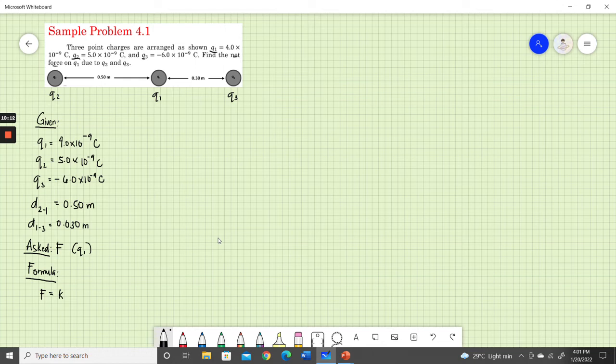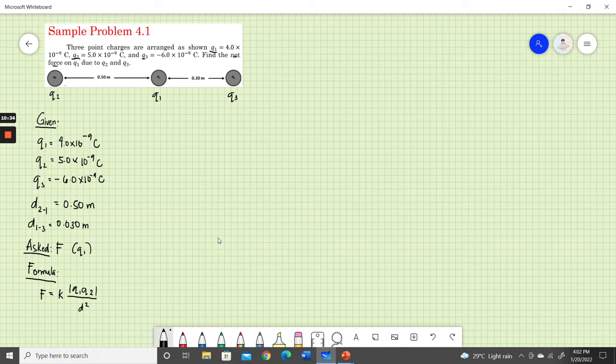The first formula we're going to use is Coulomb's law, F equals K multiplied by the product of the absolute values of the two charges, divided by the square of their distance.